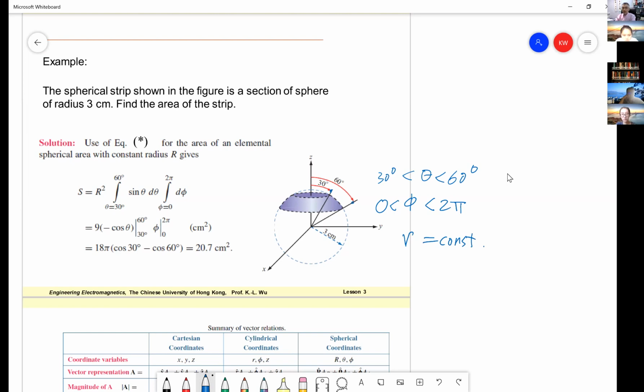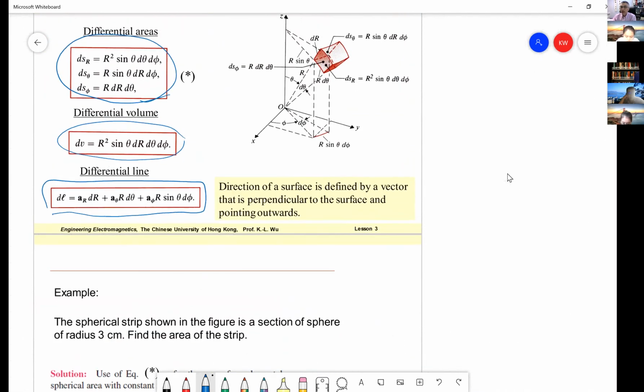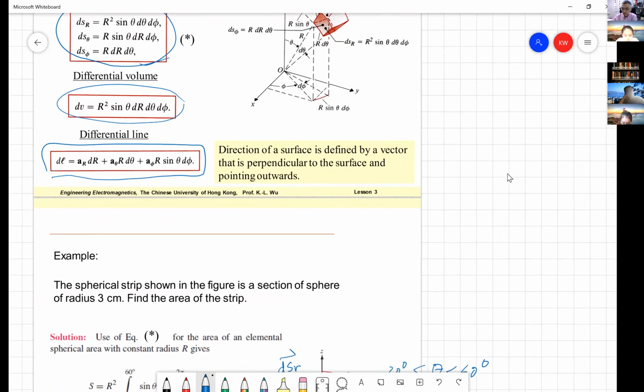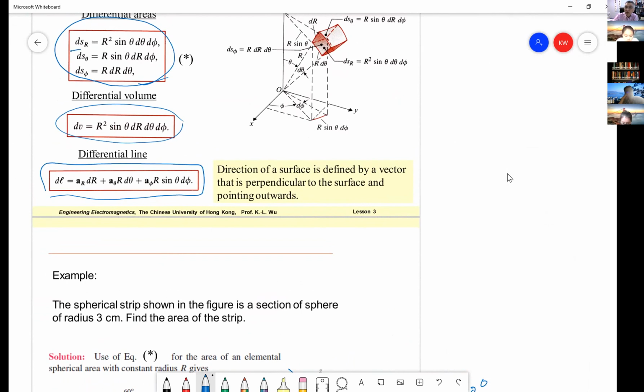To find the total area, we find the differential area over this surface, which is really the dS_r. Let's go back to this.